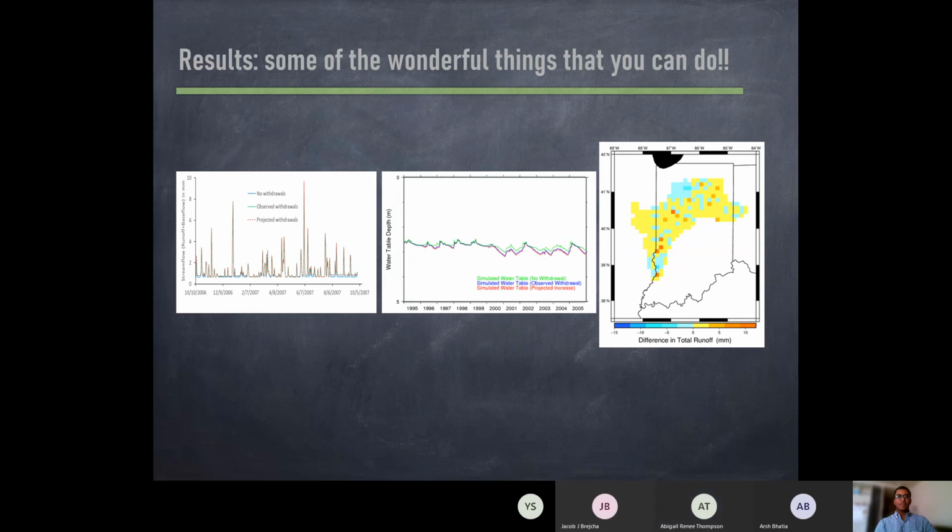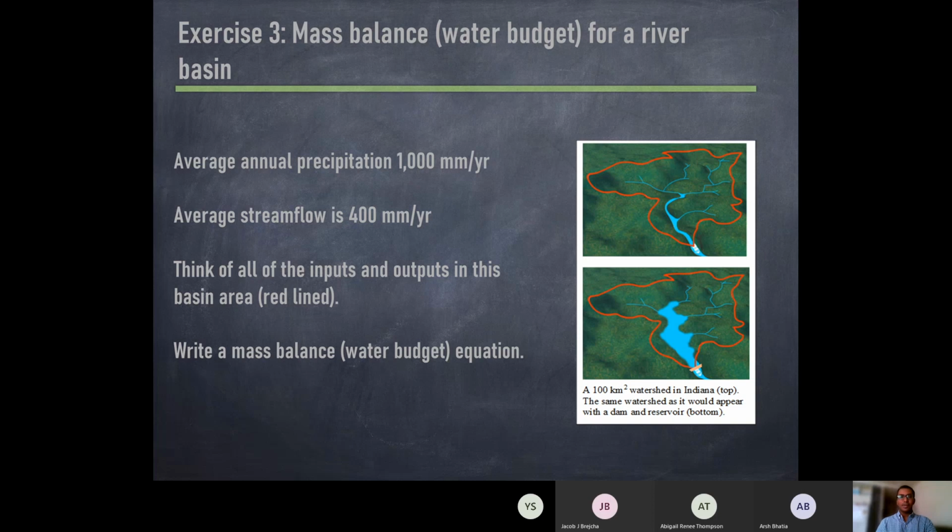Okay, cool. So I have another small exercise for you. Spend a few minutes on this one, then we'll be done with this skill session. This is another mass balance equation I want you to write down, but this is for a river basin. A river basin is a specific contained area.